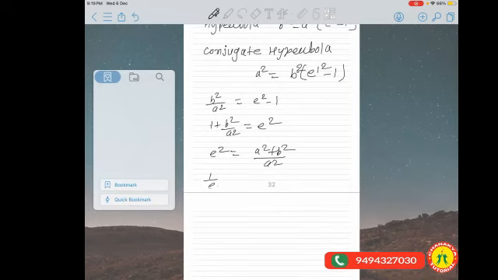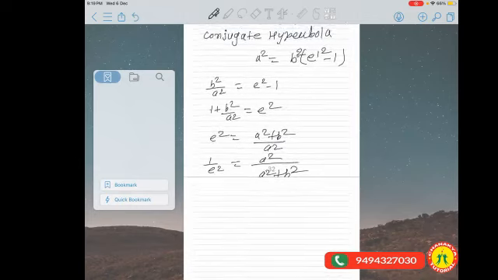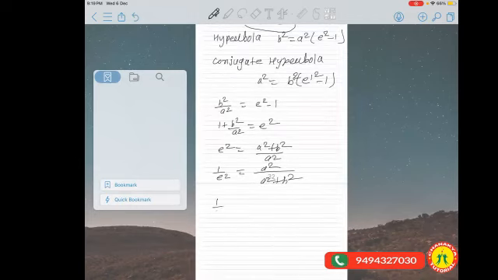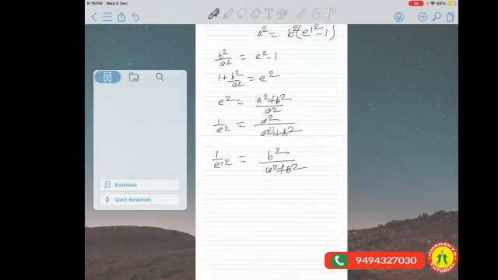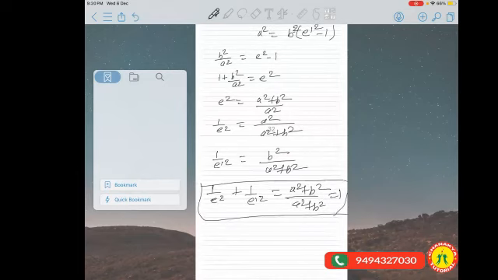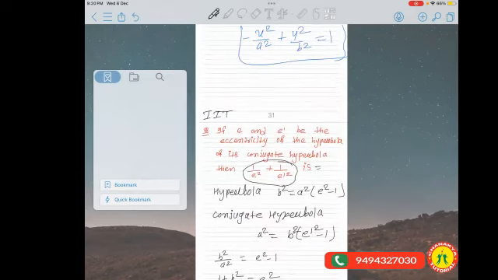Now 1 by e square is equal to a square upon a square plus b square. Similarly, 1 by e dash square is equal to b square upon a square plus b square. So 1 by e square plus 1 by e dash square is equal to a square plus b square upon a square plus b square, that is 1. So 1 is the answer for this question.